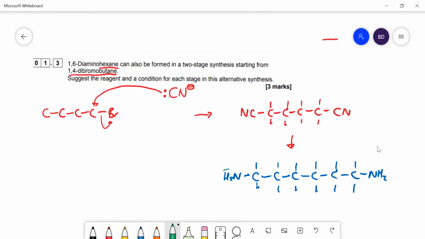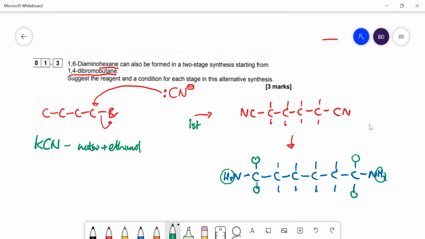We've added hydrogens to the nitrogen, and we've added 2 extra hydrogens on the carbon there, where those green circles are. Right, don't need to draw any of that. We just need to suggest the reagent. So this is the first step. What we're going to need for that first step? Well, we're going to need potassium cyanide. It's a nucleophilic substitution reaction, and you've got to get the mark, so you must say that that's got to be dissolved in water and ethanol.